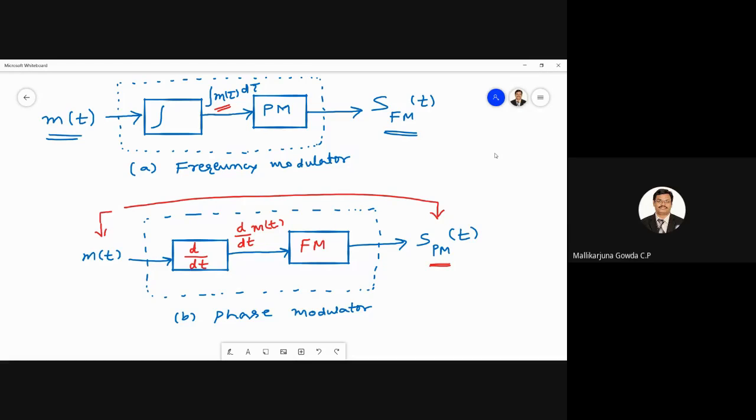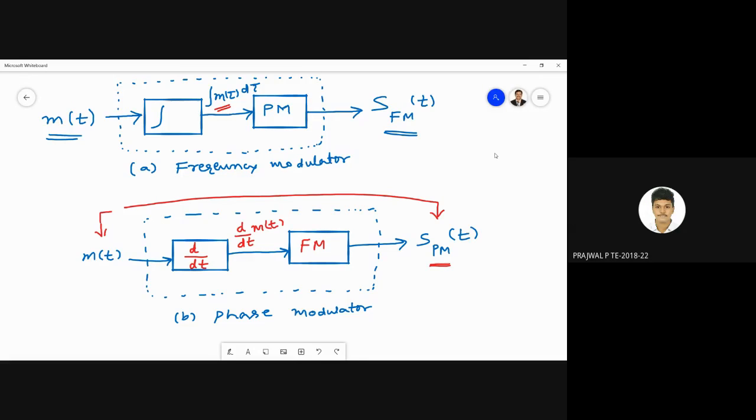With respect to this, can anyone repeat just once? Sir, to get an FM wave, first we integrate the message signal. Then we give that as the message signal to the PM modulator. We get FM.